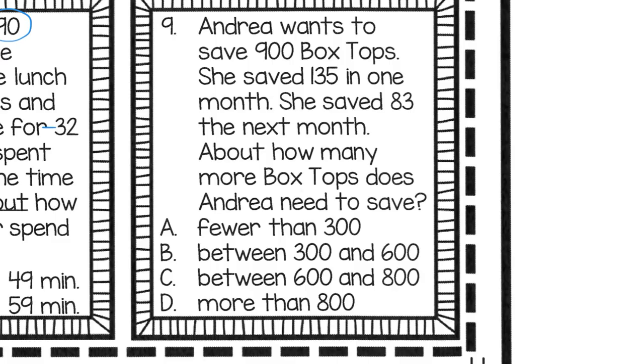So I'd probably start by figuring out how many is left after you subtract 135 from your 900. And then whatever that answer is, I would subtract another 83 to figure out where your answer is going to be. Okay? When you're finished with this question, you can meet me on the next page.